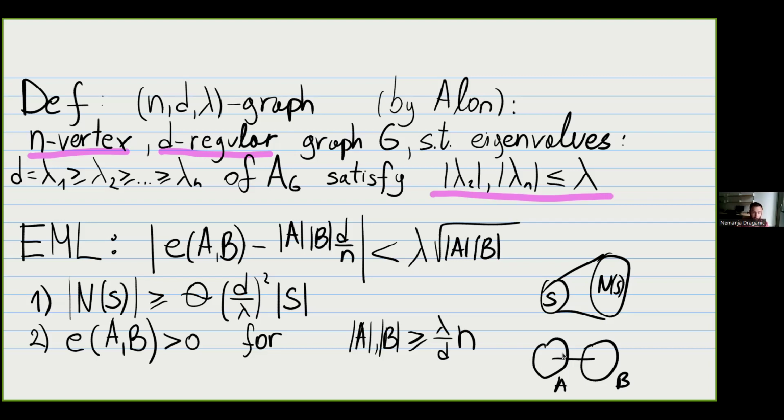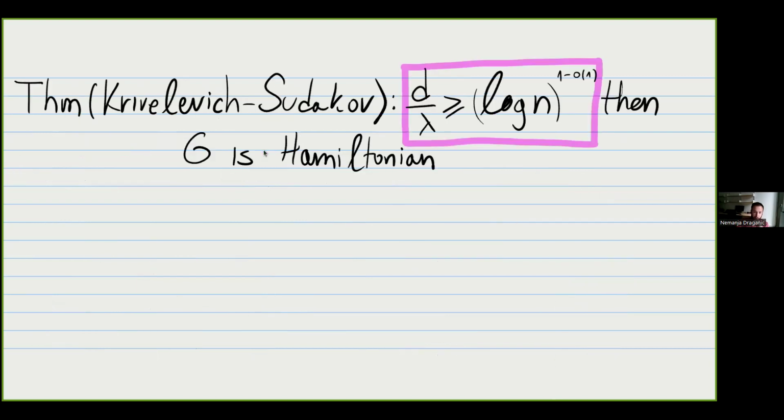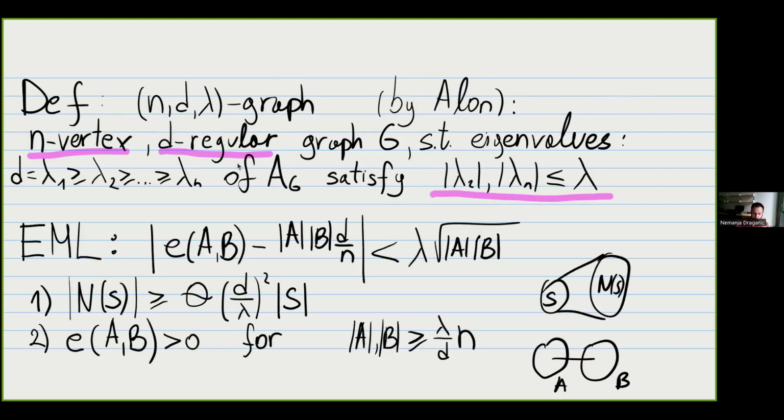Okay, so now we have a good grasp of these (n, d, lambda) graphs, and there was a result by Michael and Benny from 2003, I think, which says that if this d over lambda, called the spectral ratio, is at least something of order log n, then your graph is Hamiltonian. And just to give some perspective, looking back at the properties which we had here, say the vertex expansion: if d over lambda is at least log n, then you would have vertex expansion by a log squared factor.